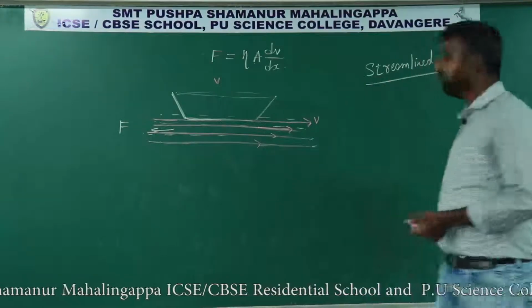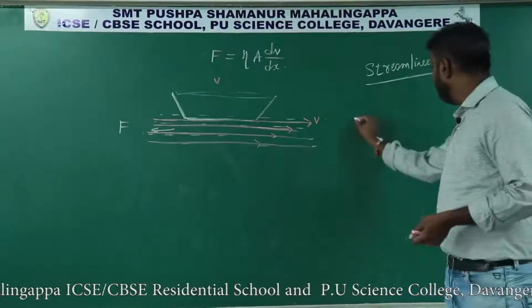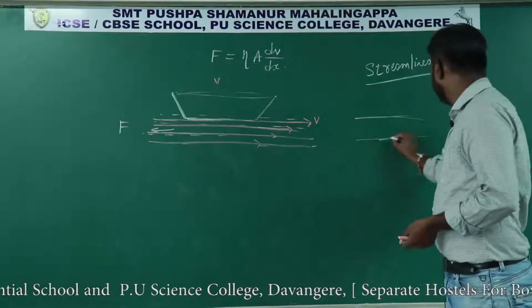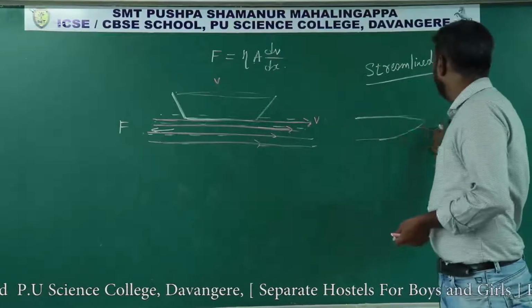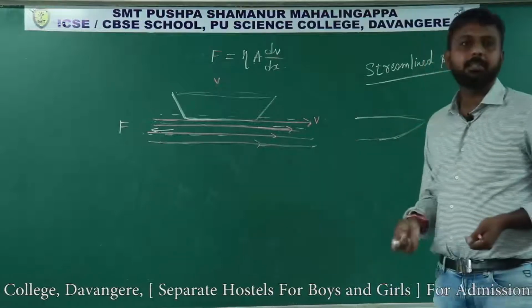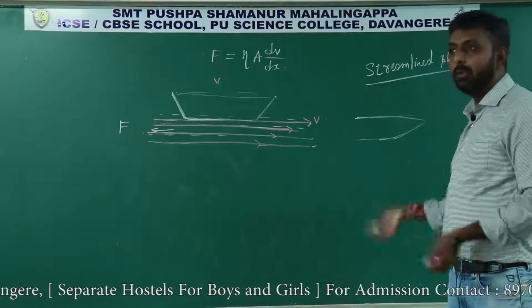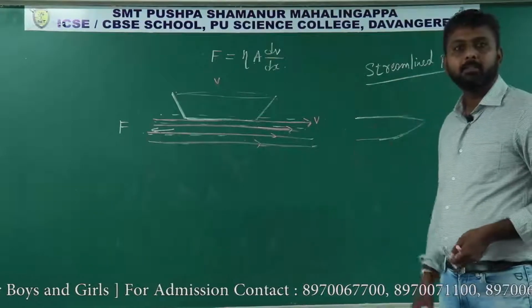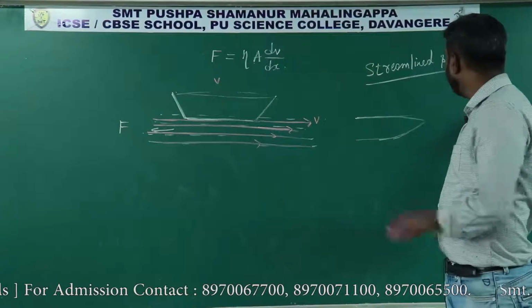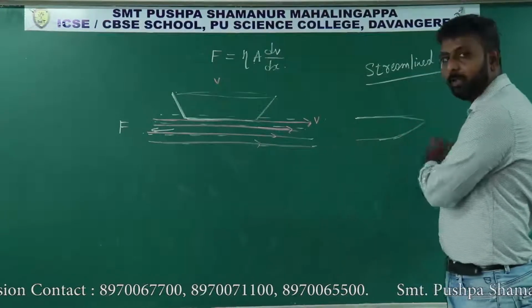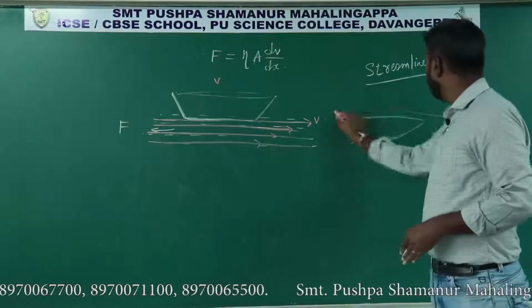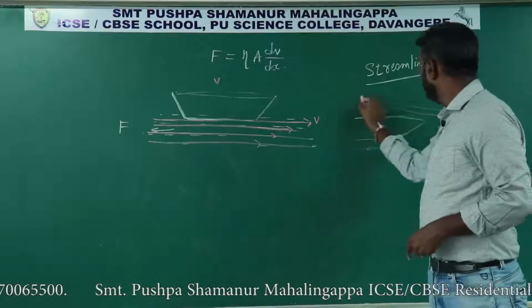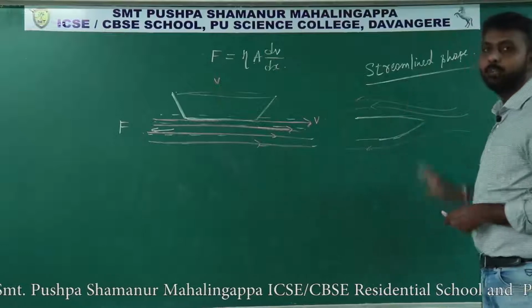Then what does streamlined mean? With a pointed end like this, we design a streamlined shape. By doing this, how are we able to minimize the viscous force? Relative to the motion of the object, the air or fluid will move like this, right? So you can see the area is reduced here.